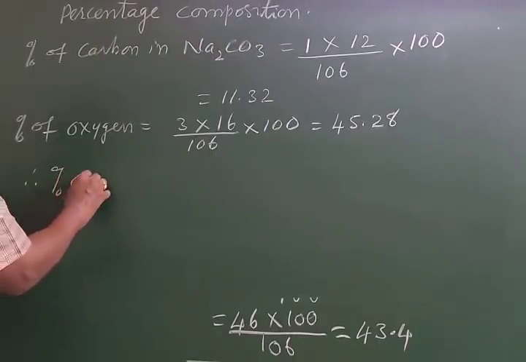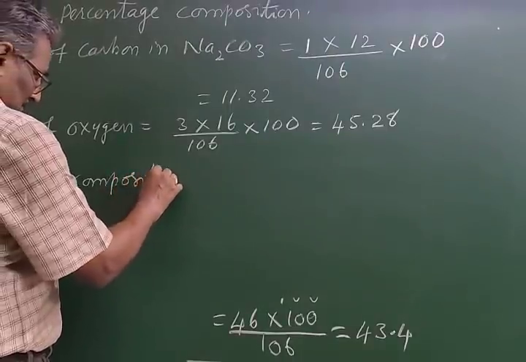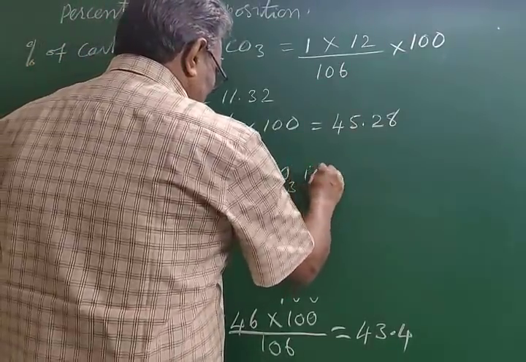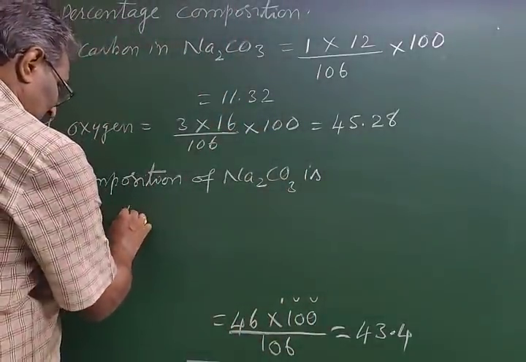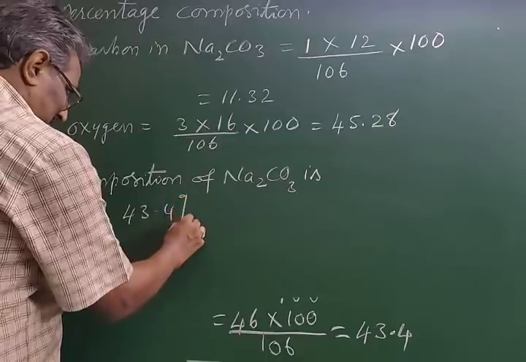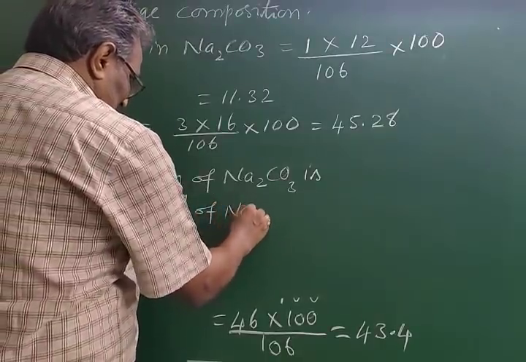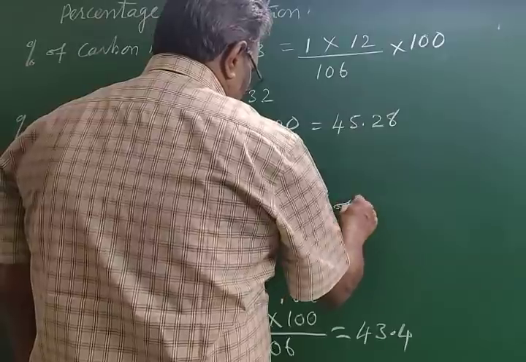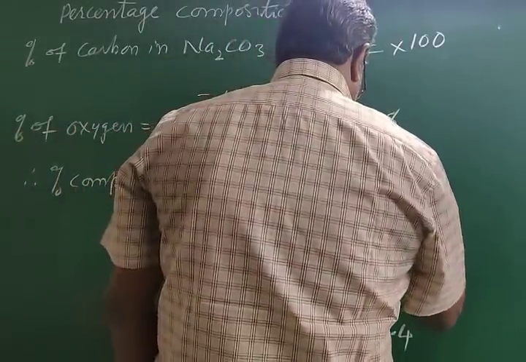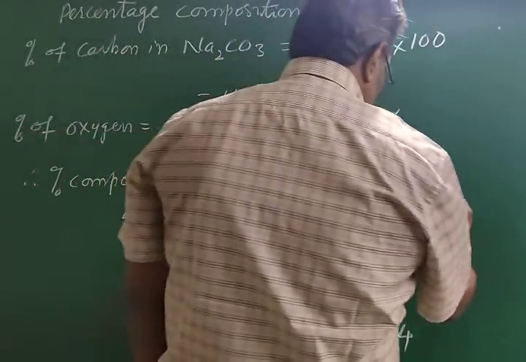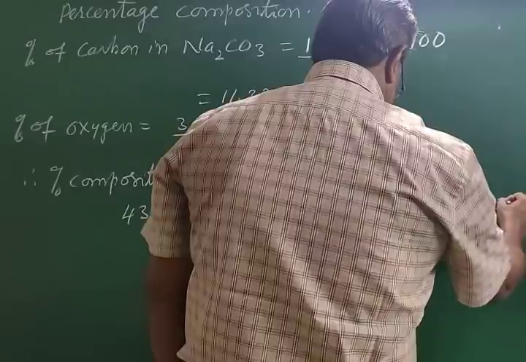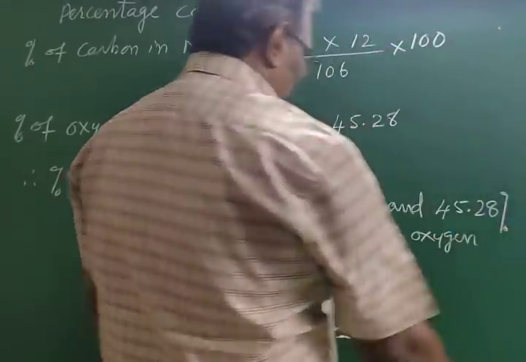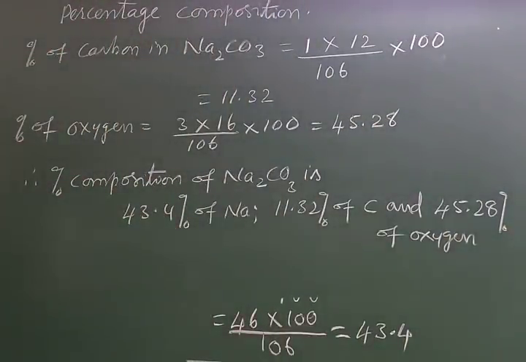Therefore, the percentage composition of Na2CO3 is 43.4% of Na and 11.32% of carbon and how much of oxygen? 45.28% of oxygen.